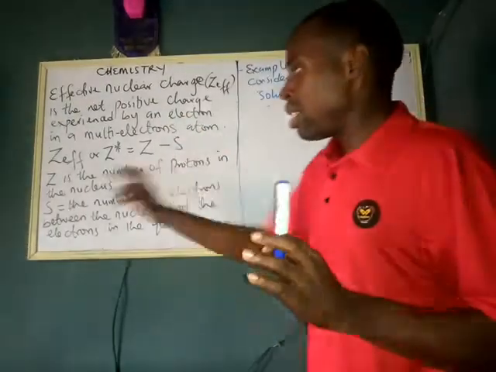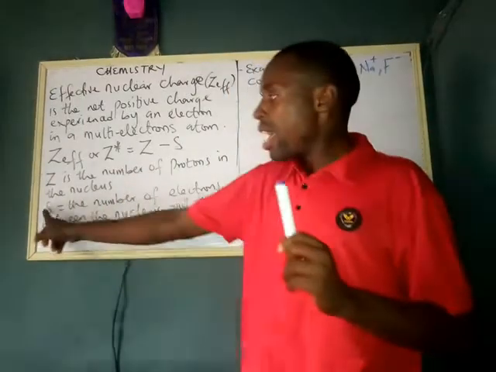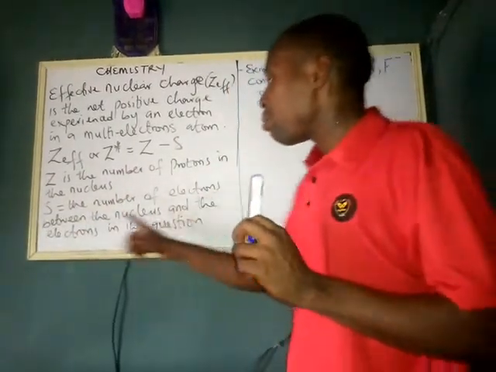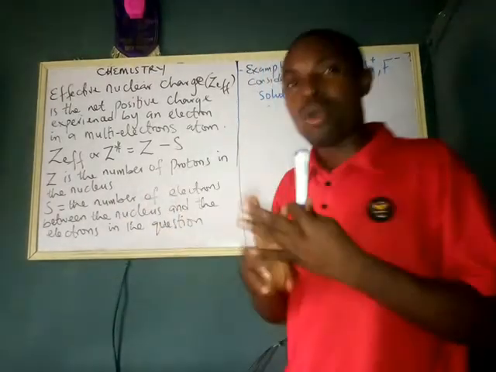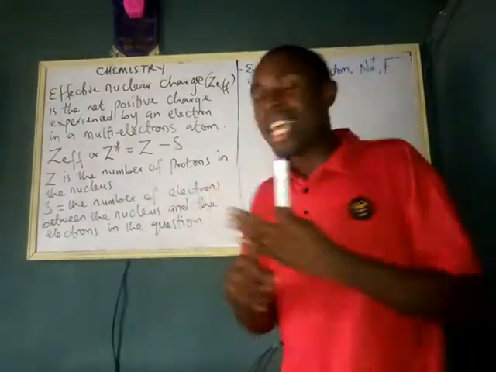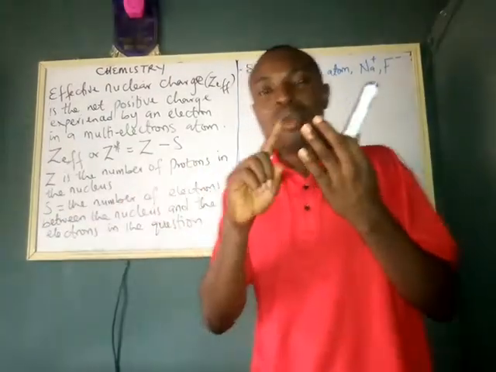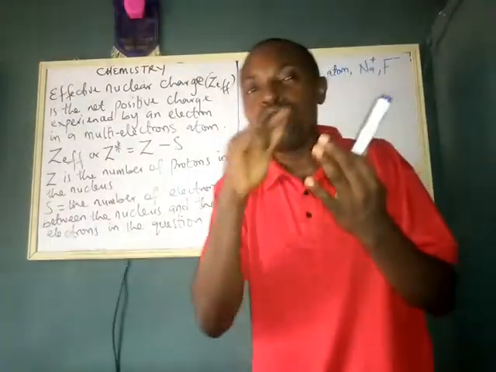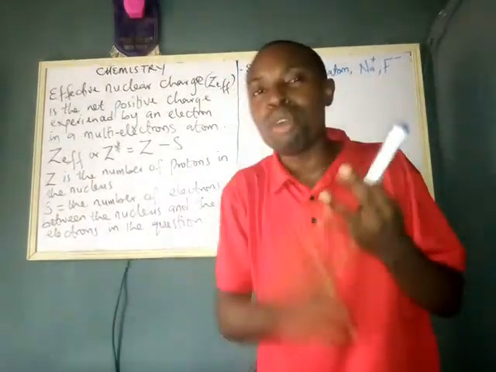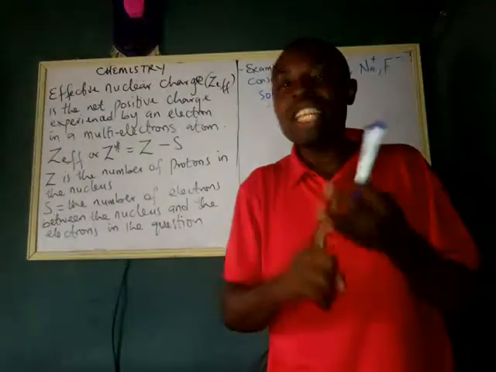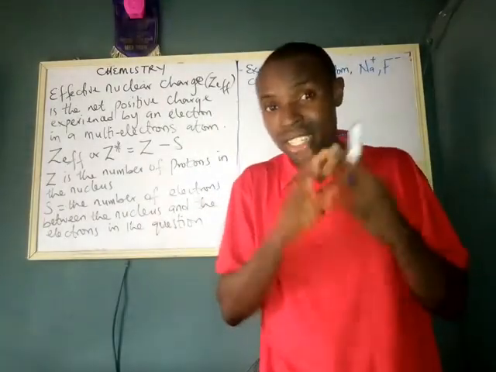Now, you can see here, I said Z is the number of protons in the nucleus, while X is the number of electrons between the nucleus and the electron in question. We said that this X you are seeing here can also mean the number of non-valence electrons, the number of non-bonding electrons, or the number of electrons that are not involved in bonding. So you see the names that they call it.